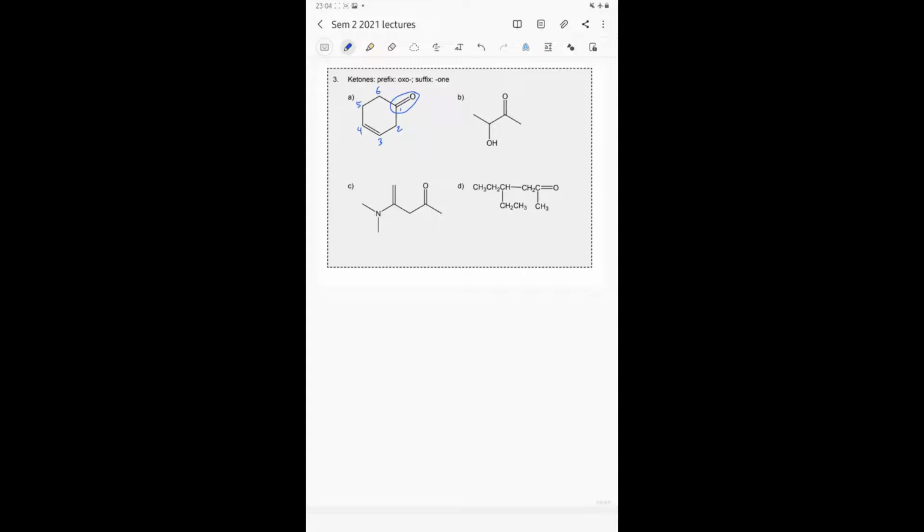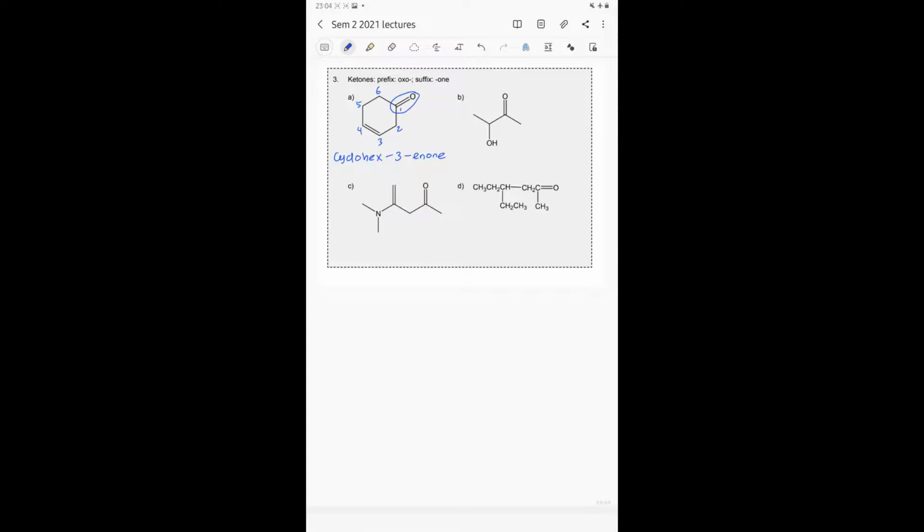So we have 6 carbons, it should be cyclohexanone. But remember you have the double bond starting at carbon number 3. Therefore, the name of this compound is cyclohex, not cyclohexanone yet, because you have to state the position of the double bond. So cyclohex-3-en-one, or cyclohex-3-enone.